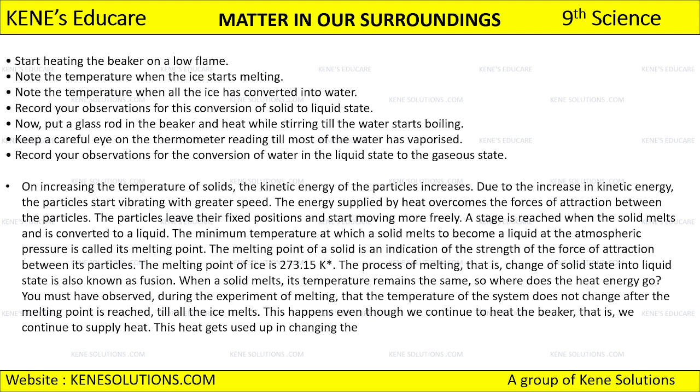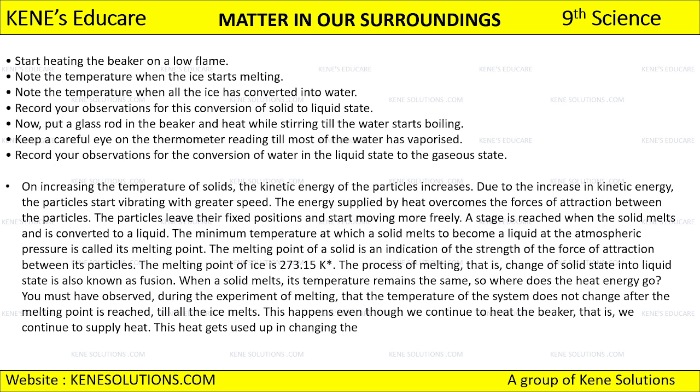So the minimum temperature at which a solid melts to become a liquid at atmospheric pressure, we call it the melting point. Okay, so here we have the definition of melting point: the minimum temperature at which a solid melts to become liquid at atmospheric pressure is its melting point.